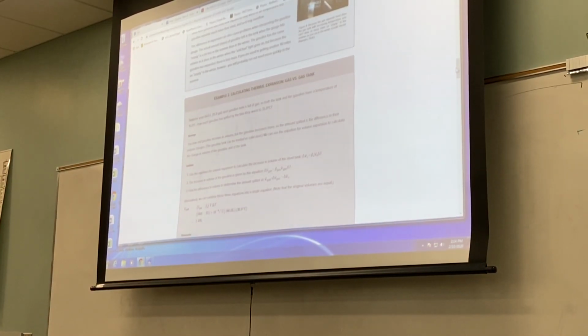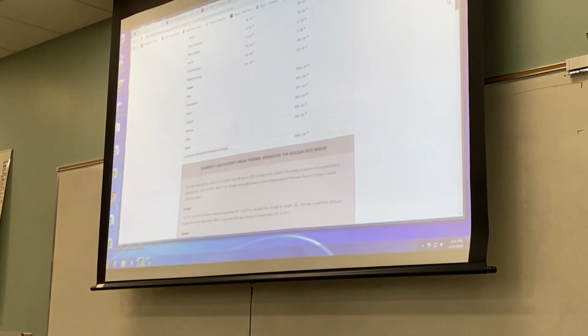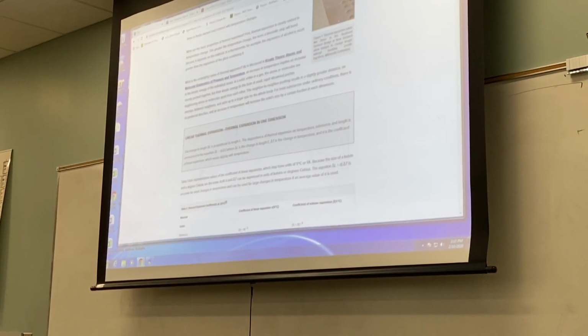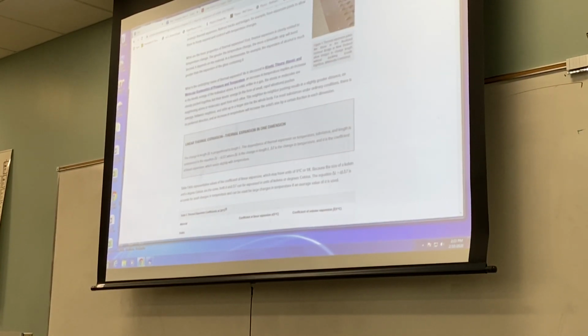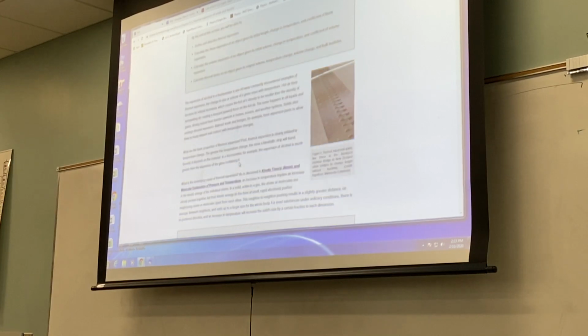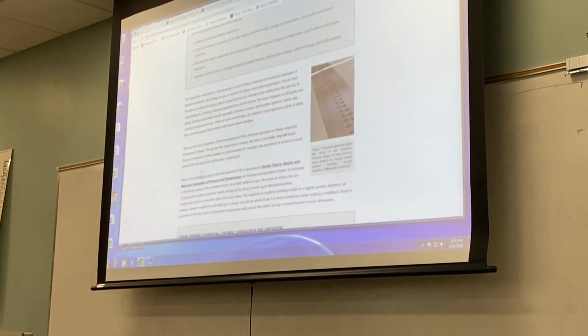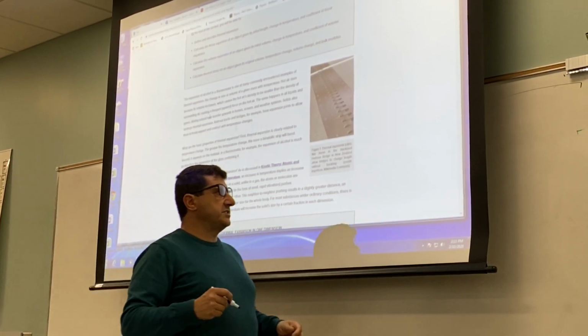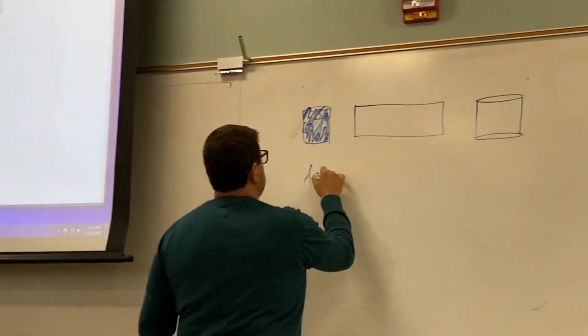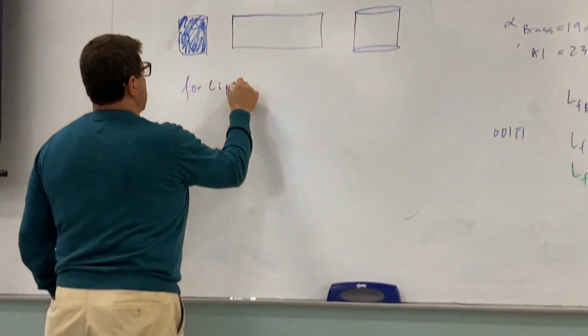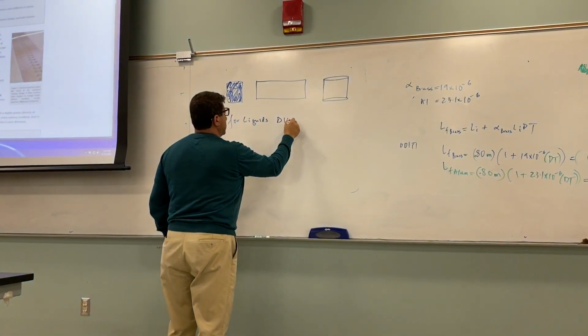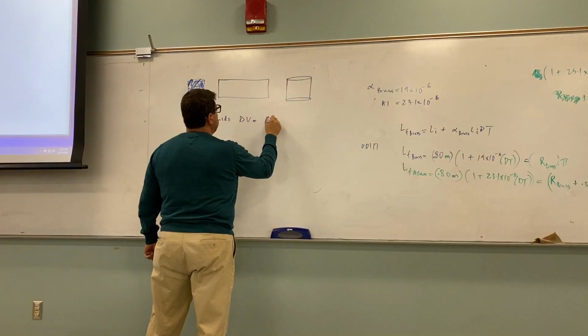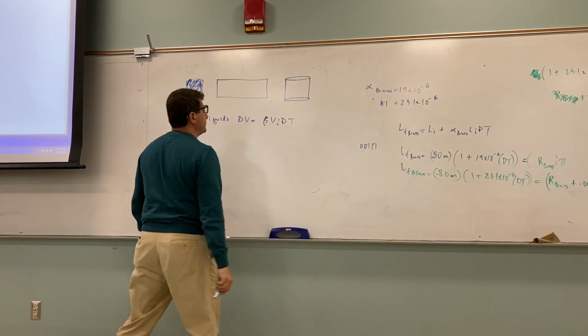Okay, now for volume expansion. They never actually wrote it down, but they should have written, for liquids, you should have an equation: delta V is beta V initial delta T.